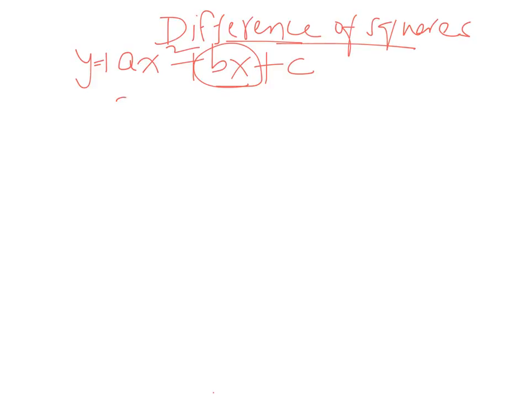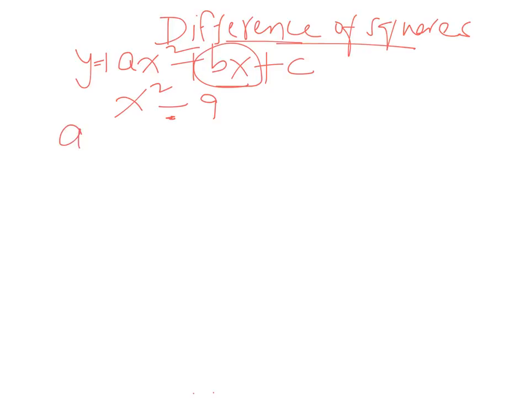So something like x squared minus 9, because we cannot have plus. We are not looking for sum of squares. We are looking at a scenario where you have difference of squares, so x squared and 9. So that's the goal. So let's talk about how to bring in that formula for difference of squares.